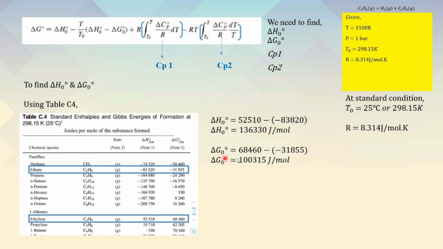Same goes for standard del G. So standard del H of the product ethylene is 52510 minus negative 83820. So we will get 136330. Same goes for standard del G, which is the standard Gibbs energy. We will get 100315. So we have already found the standard enthalpy and the standard Gibbs energy for the reaction.